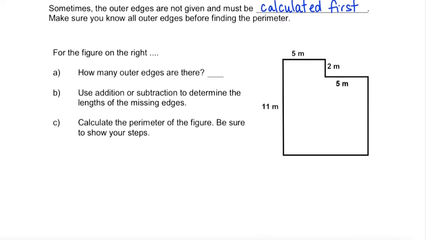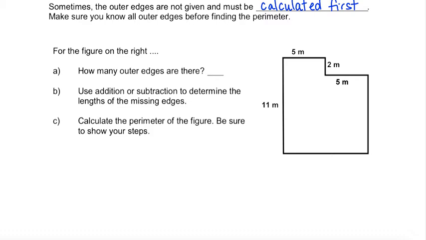So when it's a composite shape, we still want to follow those same rules. So we want to add up all of the outside edges. So we have 1, 2, 3, 4, 5, 6 outside edges. So we must have a measurement for all 6 of those sides.